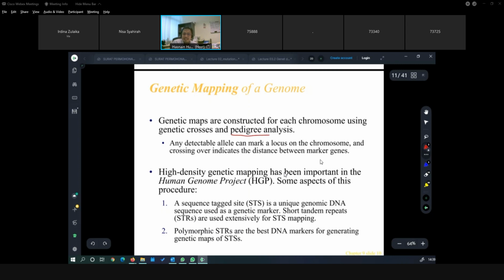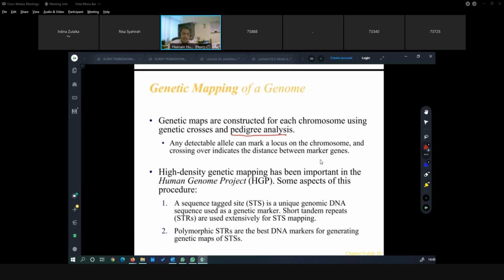Pedigree analysis is that you do an investigation by surveying, and based on that survey you take the blood and check the chromosome and know that okay, this is the area that changes between the albinism and the normal one. So that is pedigree analysis.